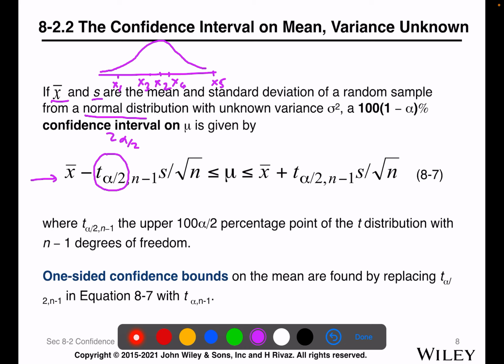If you contrast this with the previous equation, it's exactly the same: x bar minus something times S, or sigma, divided by square root of n. The only difference is this term that's replaced, that we use instead of Z. And since it's T, we have to use the T distribution table. If you look at the formula sheet, this T distribution is also provided, similar to the normal distribution.